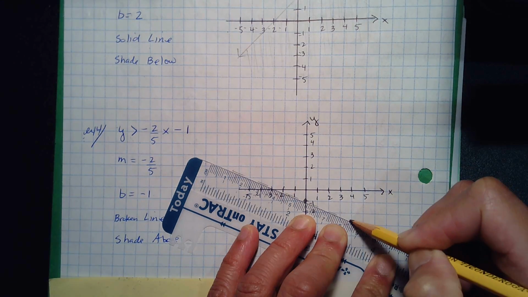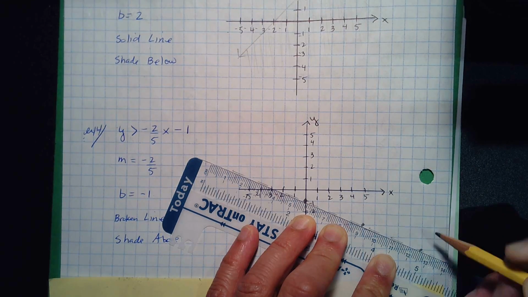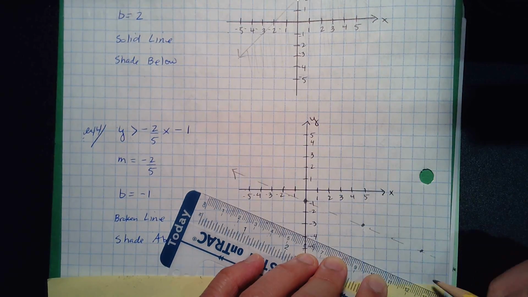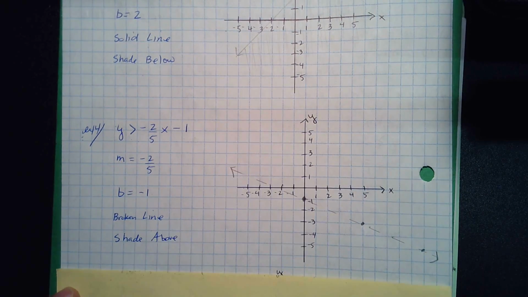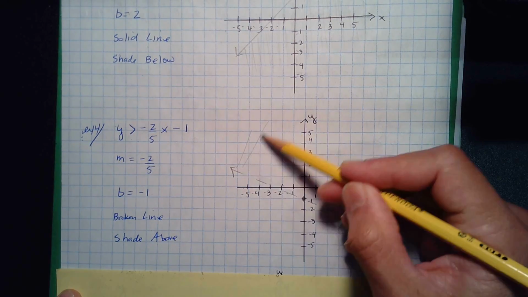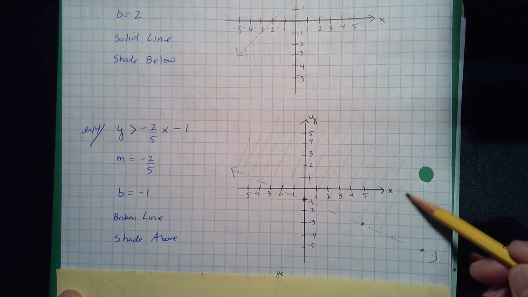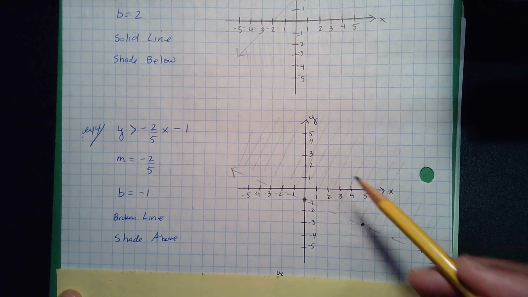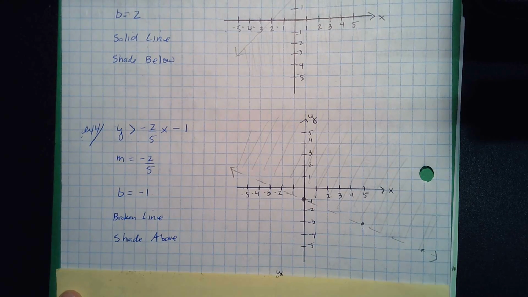If you have an equal sign, it's going to be solid. If you do not have an equal sign, it's going to be broken. So there's our broken line, and we said we shade above. All right, that's example 4.